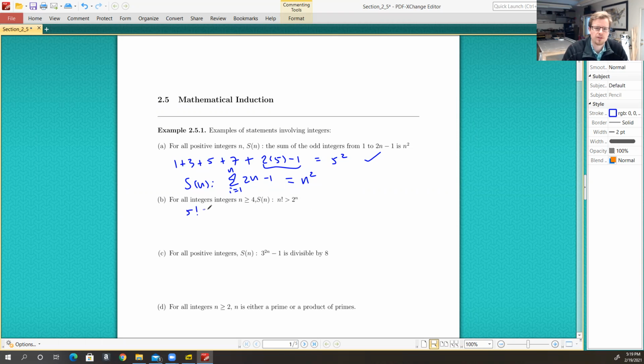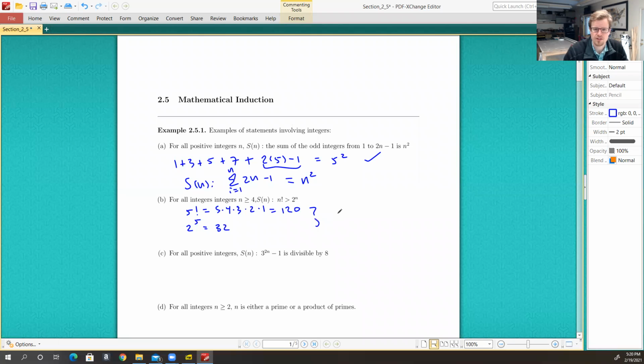5 factorial is equal to 5 times 4 times 3 times 2 times 1, which would be 120, yep. And then 2 to the 5th would be equal to, well, 2 squared is 4, and 2 cubed is 8, 2 to the 4th is 16, so 2 to the 5th is 32.